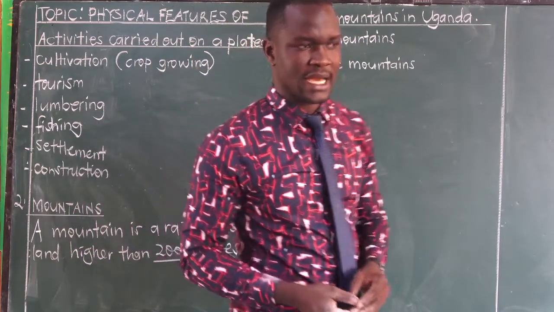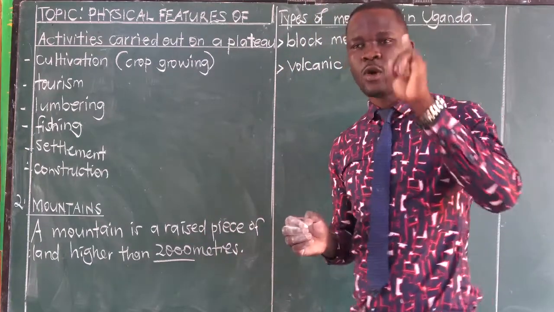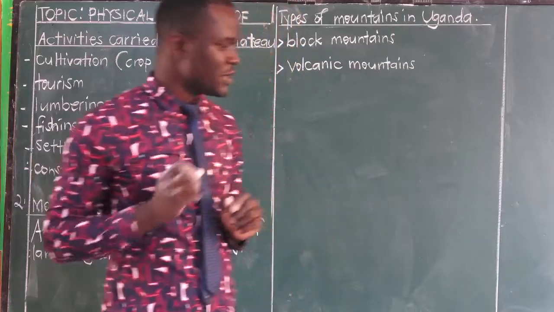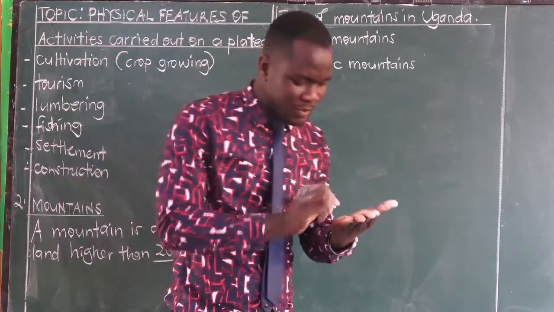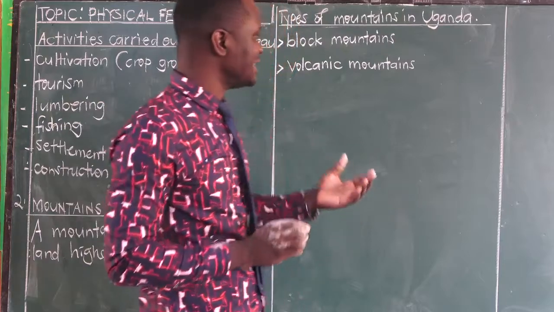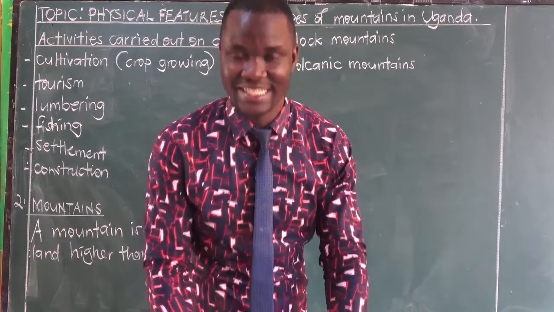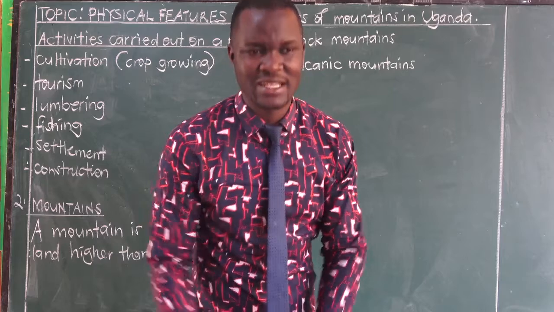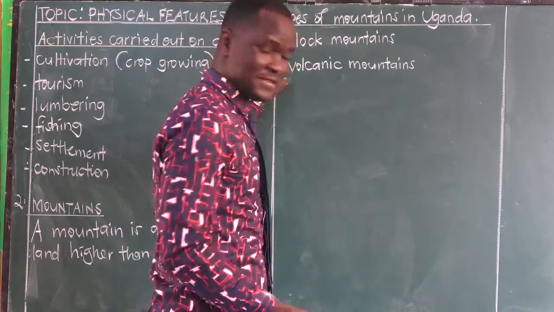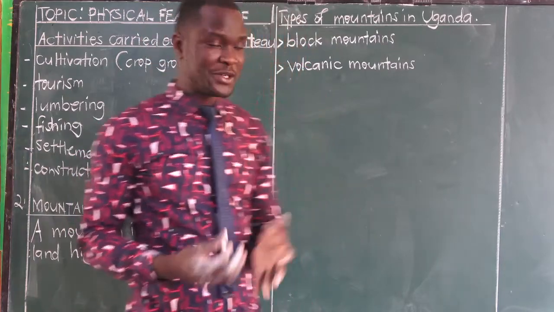But before we look at that, I want you to understand that Uganda has got only one block mountain. So if a question is asked in your examination paper, name the only block mountain in Uganda, that is Mountain Rwenzori. It is the only block mountain, which means the rest of the mountains we have in Uganda are volcanic mountains. That is something which is very, very nice for you to hear.